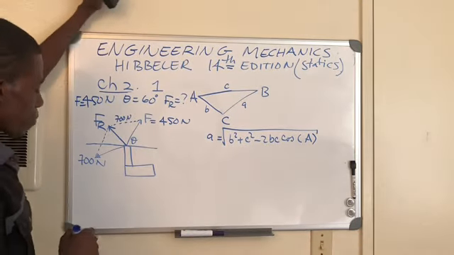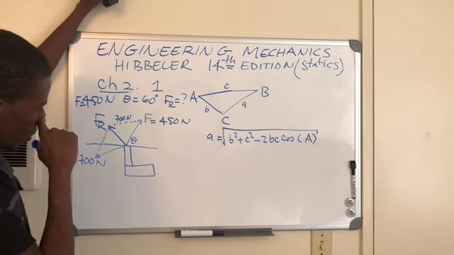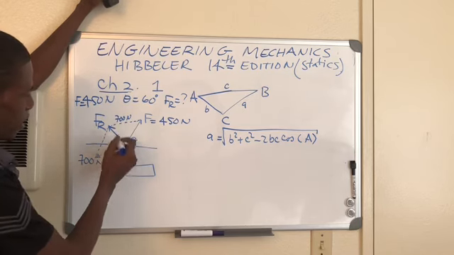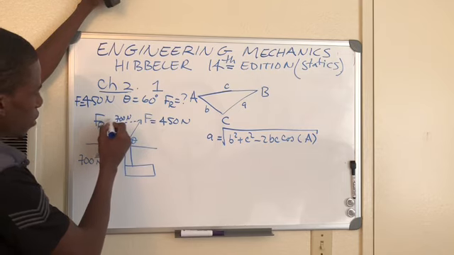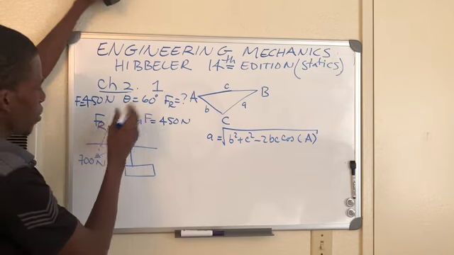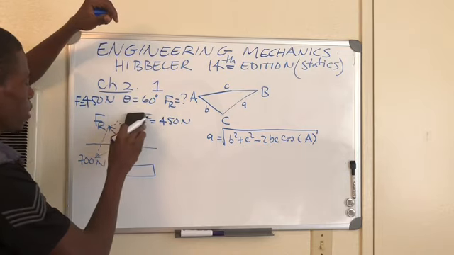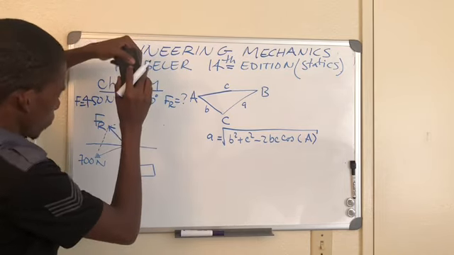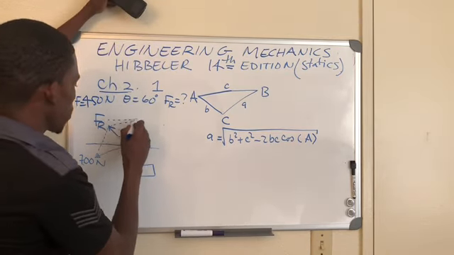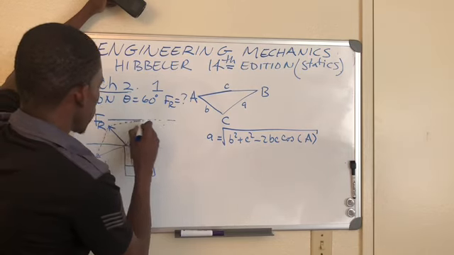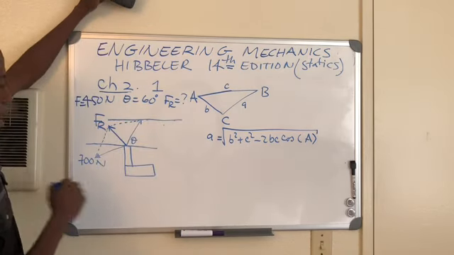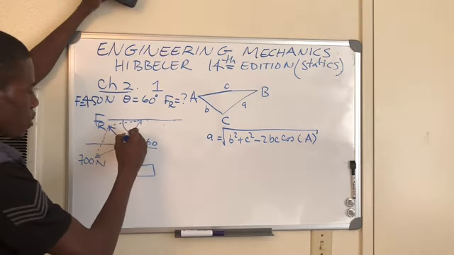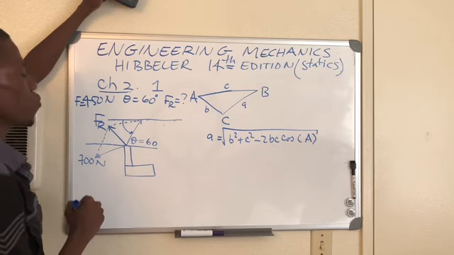Now let me get rid of the 700 here so I can show you. If I draw a vertical line like this, and theta is equal to 60 degrees, then this theta as well is geometrically equal to 60 degrees.